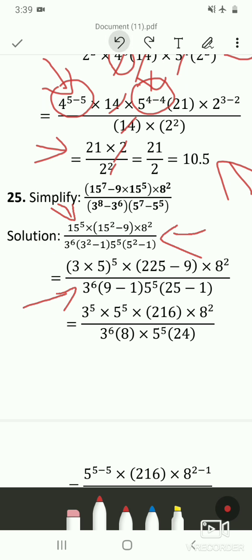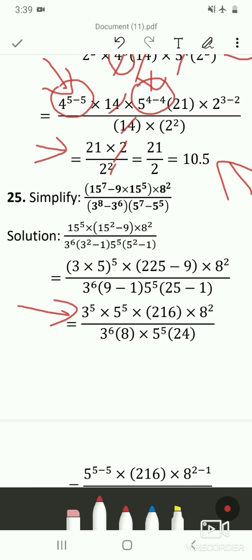So 3 into 5 whole raised to 5, then 15 square is 225, so minus 9 into 8 square divided by 3 raised to 6 into 3 square is 9, so we'll get it as 9 minus 1, 5 square in 5 raised to 5 into 25 minus 1.